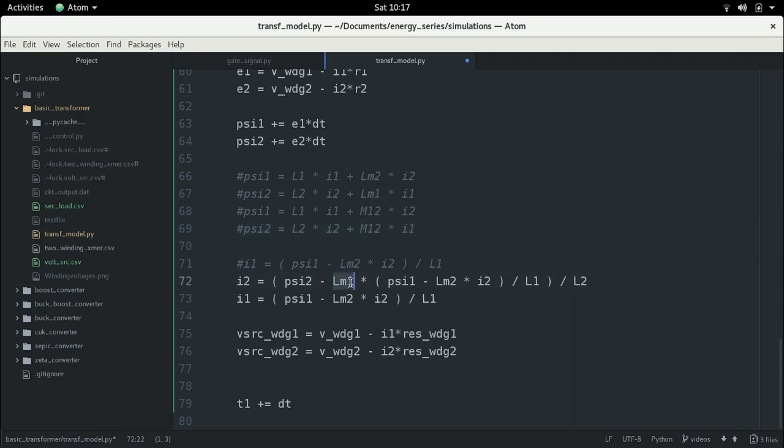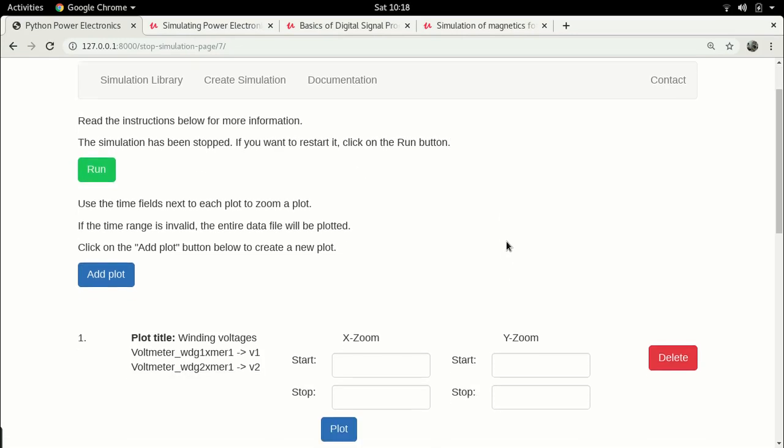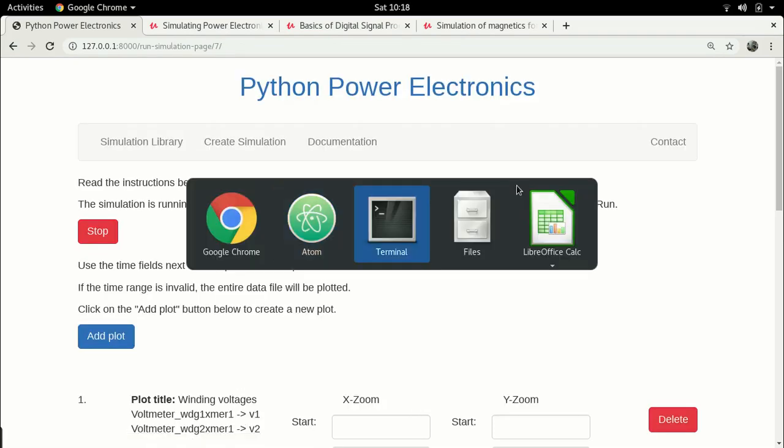So let us replace LM1 by M12, right, and let us run this simulation. So we have to stop it first and let's run it again. Let's go back to the command line.